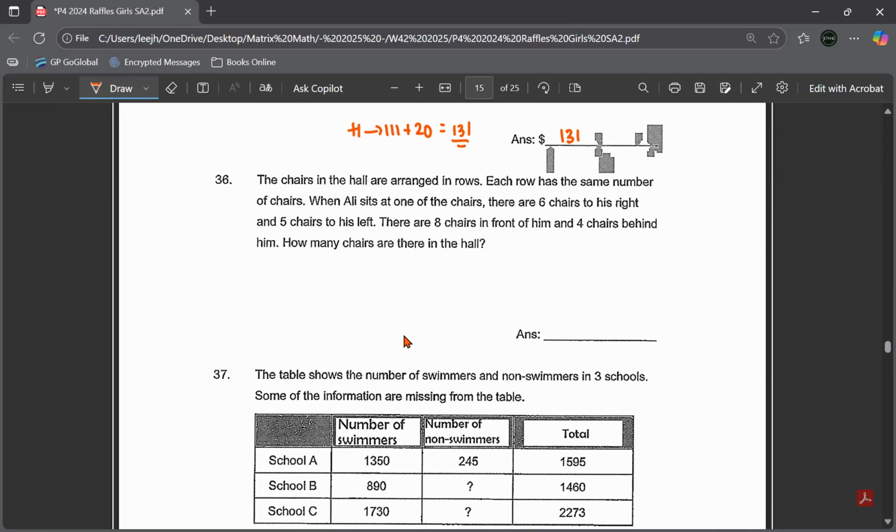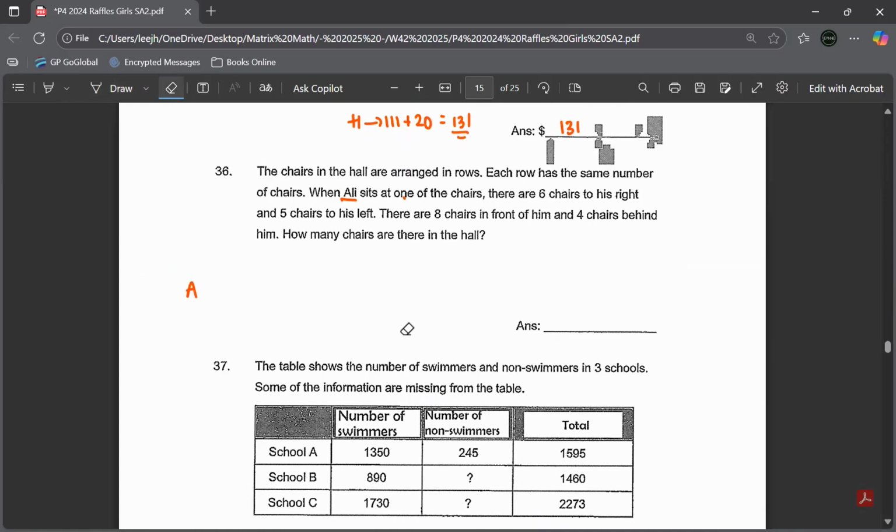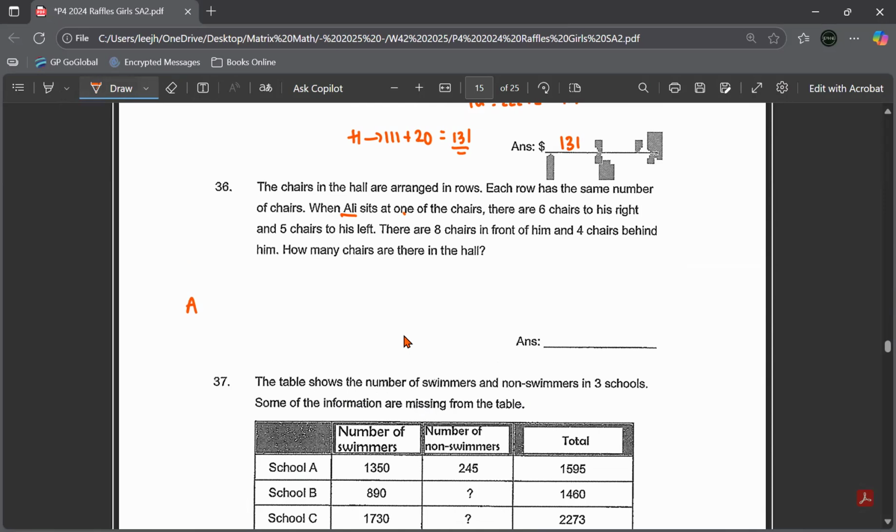So whatever it is, you know that Ali is included. So I'm going to start with Ali here. And it says that Ali sits in one of the chairs. In front, to his right, got 6. So right side is here. Right side got 6. And then 5 to the left.